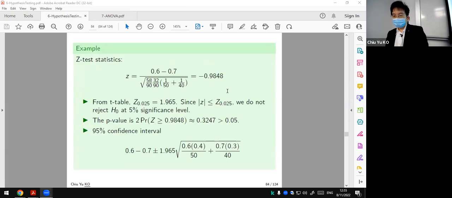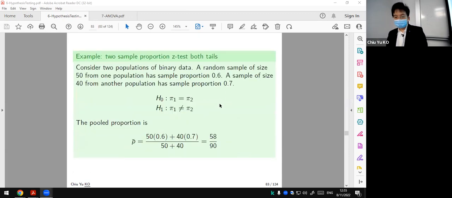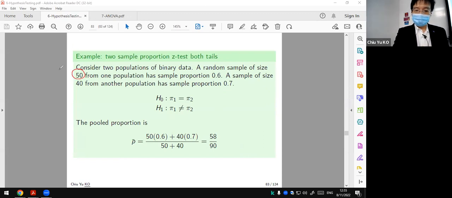Now I guess we can go to the example. This example is a straightforward application of what we learned. First we have two populations of binary data. The first one has sample size 50, so N1 is 50, and proportion is 0.6, so this is P1.